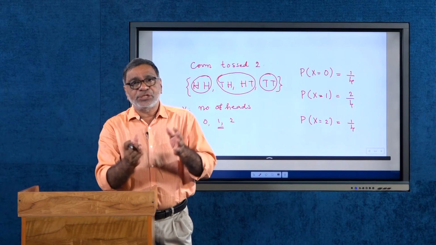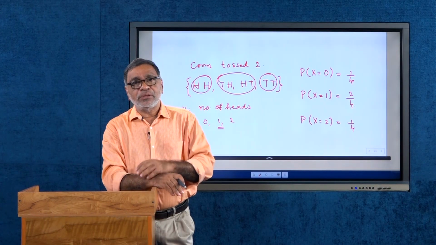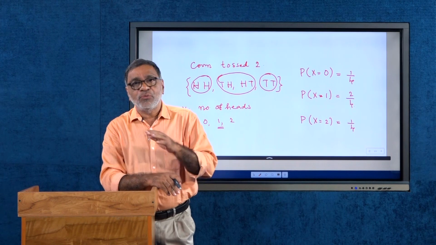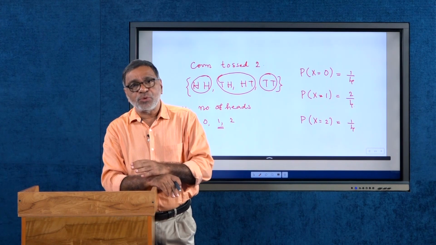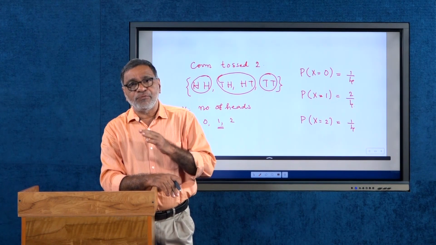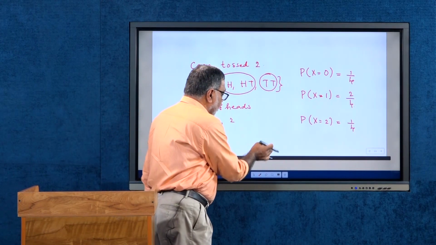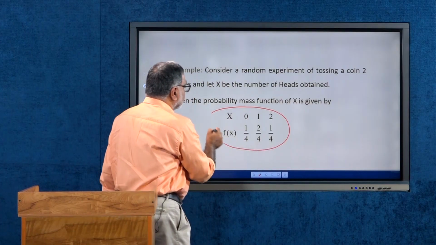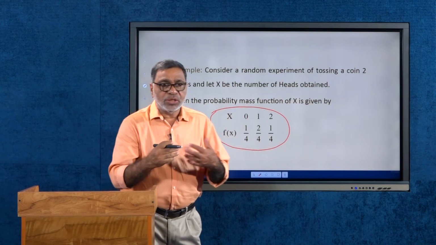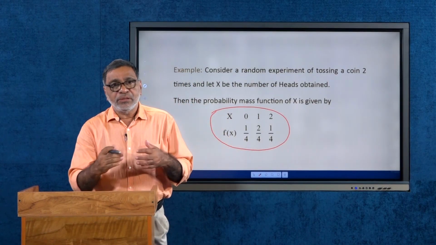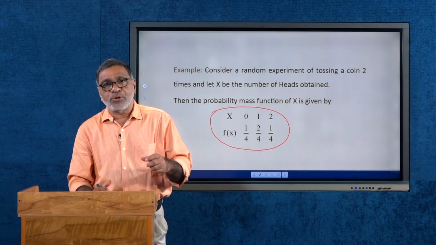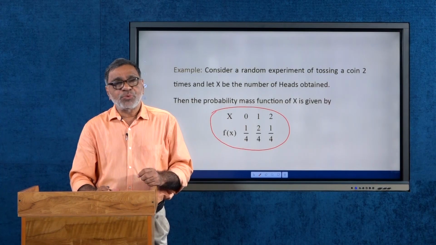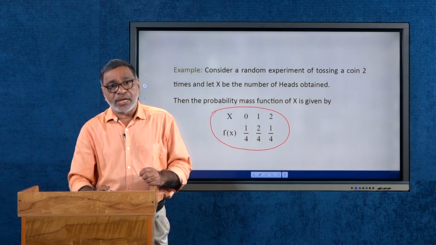This collection of random variable values and corresponding probabilities gives us the probability mass function of this random variable. This table giving the probability mass function corresponding to different values of x is our probability mass function of the discrete random variable x.